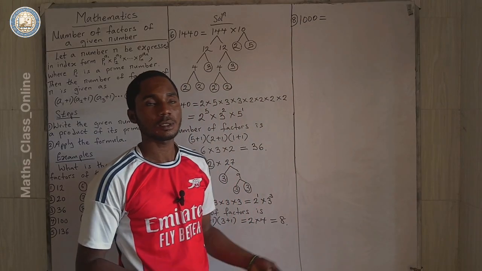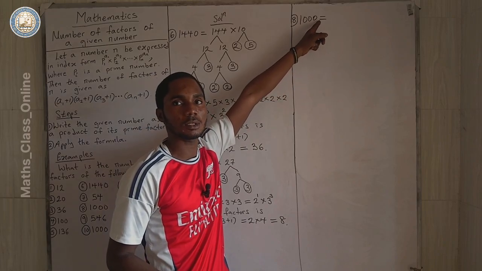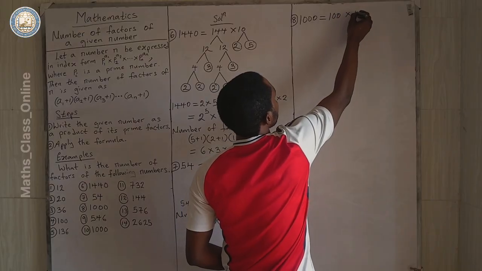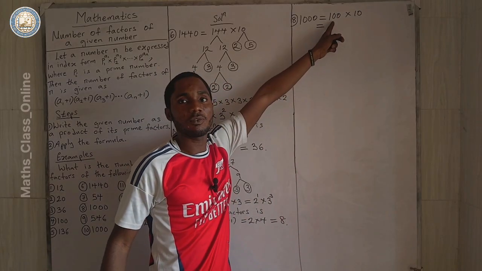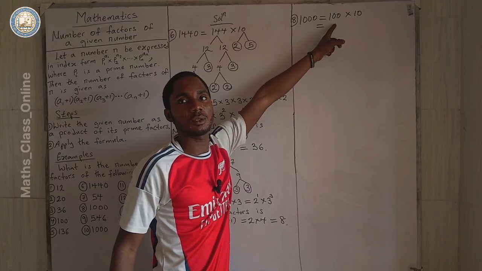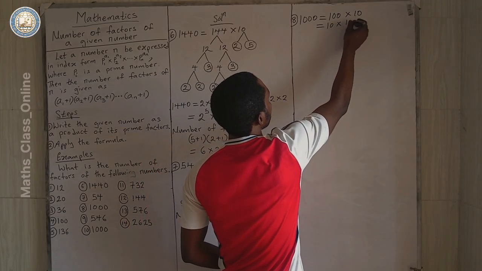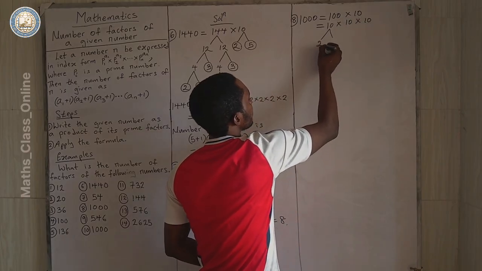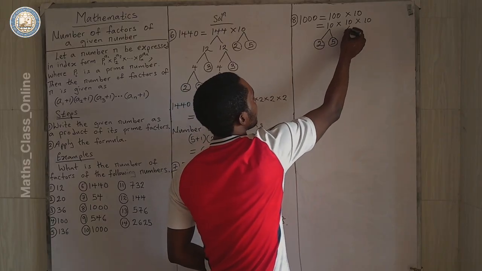We have 1000. This is divisible by 10 because the unit digit is what? Is 0. This is also divisible by 10. The unit digit is 0. Now we have this to be 2, 5. 2 is prime, 5 is prime.